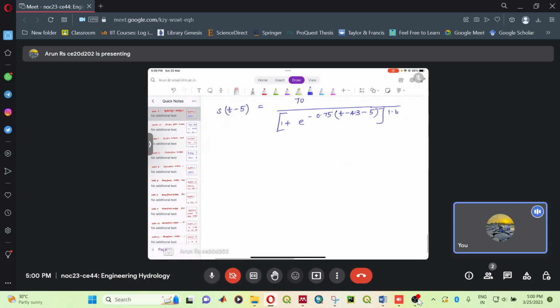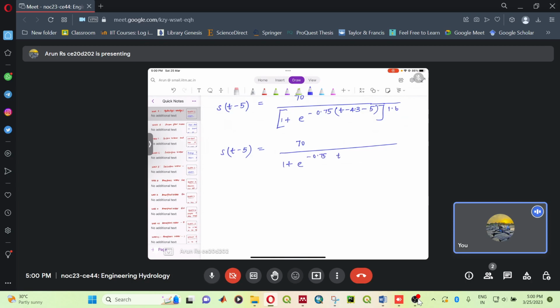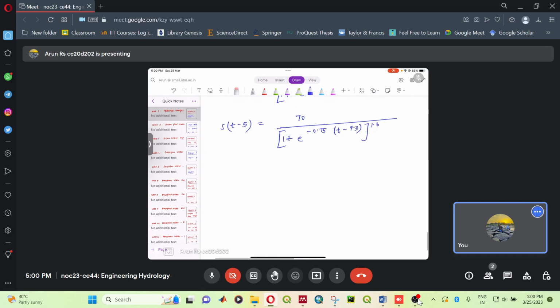Wherever we have t, we have to substitute t minus 5. That's what we have done. So the lagged S curve ordinate will be 70 divided by 1 plus e to the power of minus 0.75 t minus 9.3, raised to the power 1.6. So this will be the lagged S curve.